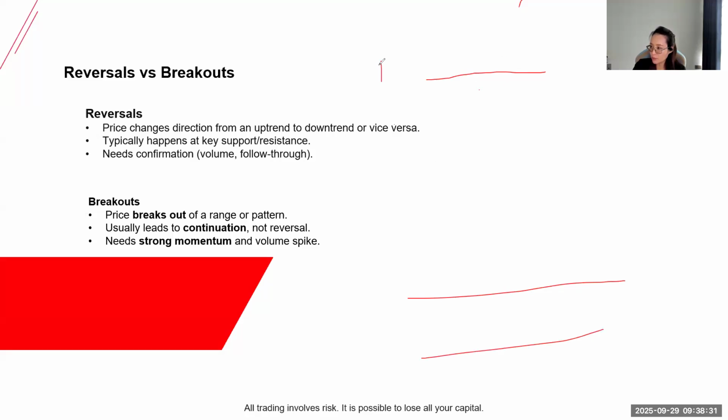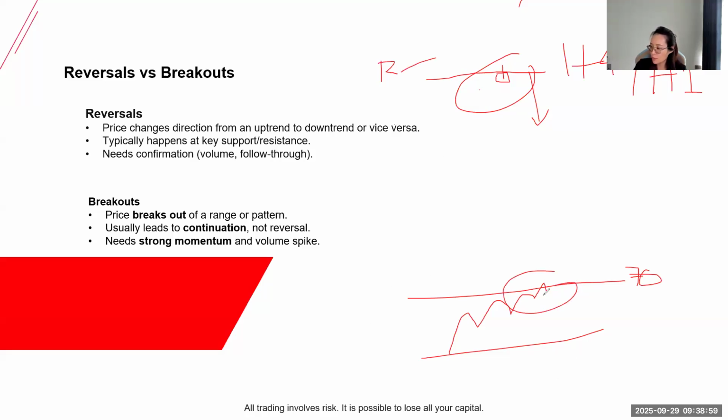If price rises to this resistance and I see the price action, meaning my RSI has to be at least at level 70, on H4 or H1, then I have the confidence to sell at this level. I have the rejection, I have my resistance level, and I have the overbought. Then I'm going to sell.